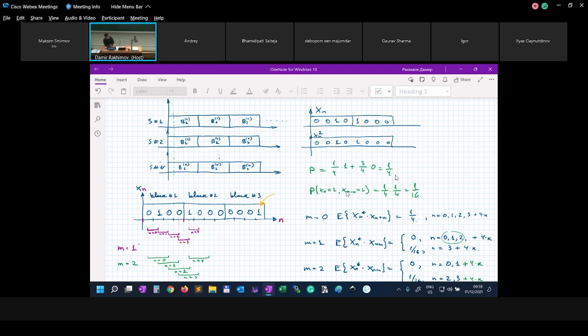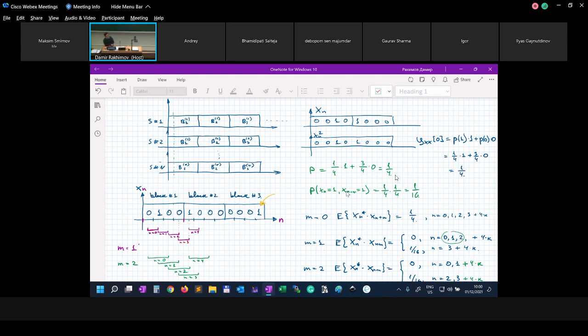In order to answer this question, calculate the probability of each value in the sequence. The autocorrelation at 0 will be the probability that you have 1 times its value plus the probability that you have 0 times its value, which equals 1 over 4 times 1 plus 3 over 4 times 0, so 1 over 4.